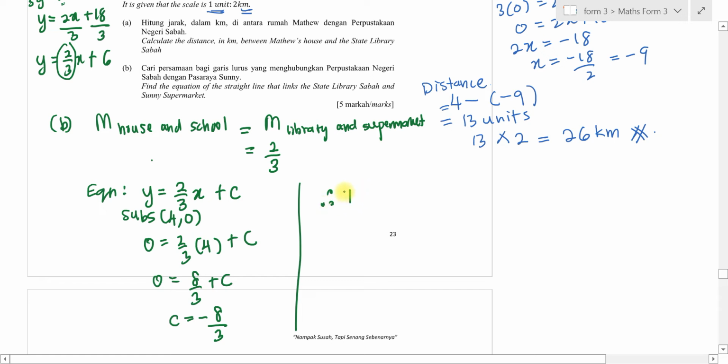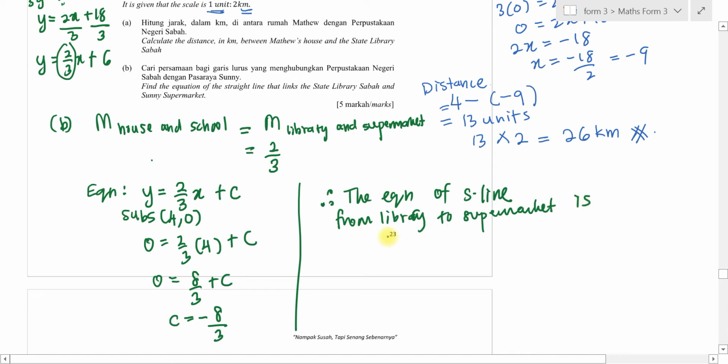Therefore, the equation of the straight line from the library to the supermarket is y equals 2 over 3 x minus 8 over 3.